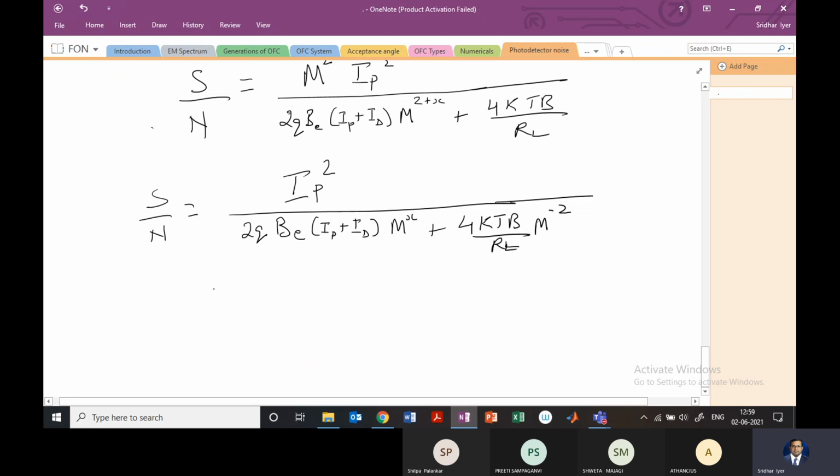So we can adjust this equation in the form of signal to noise ratio, and we can try and get that answer. So if I want to calculate this m raised to 2 by x, let me write it this way, I can write this as 2q BE IP plus ID m raised to x, right?